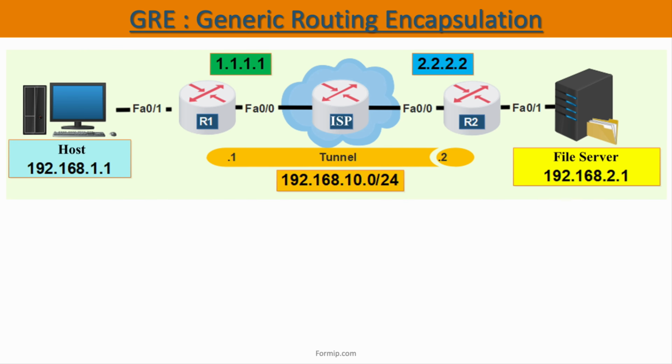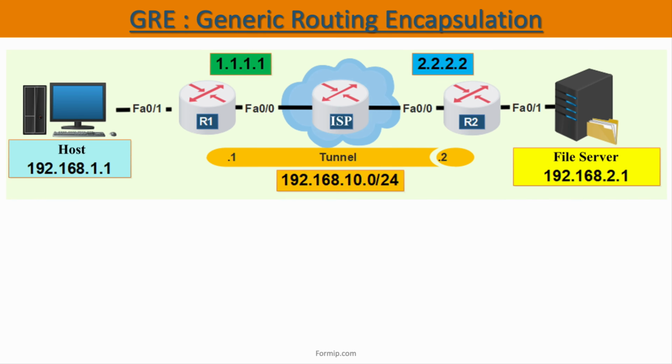So you have to configure an IP for it, and you will use the 192.168.10.0 network. Router 1 carries the IP ending in .1, and Router 2 the IP ending in .2.